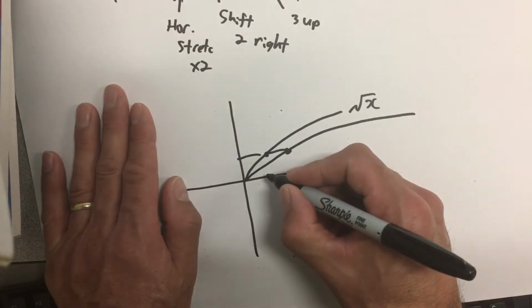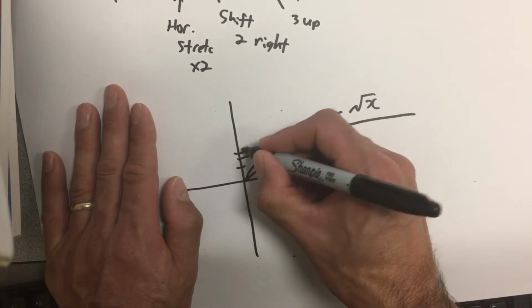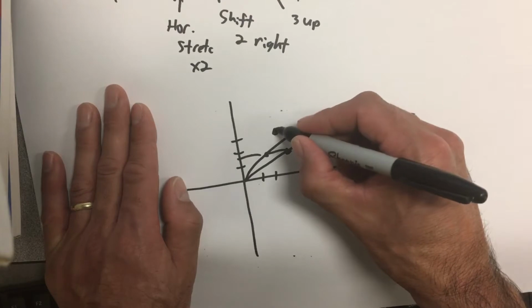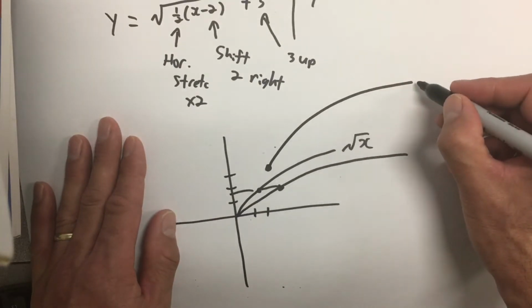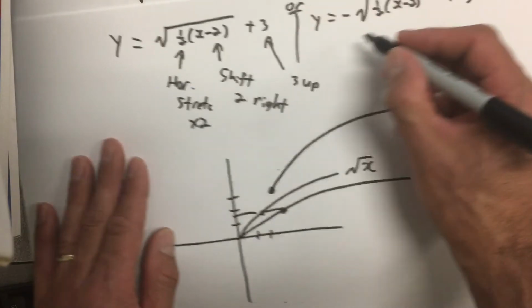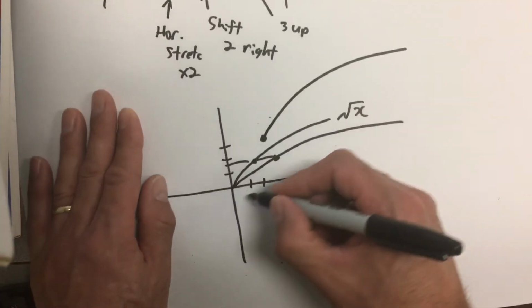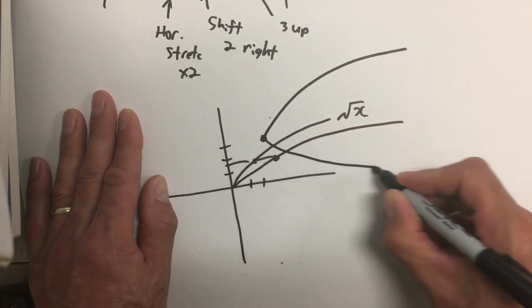We'll then shift it 2 units to the right and 3 units up, placing us here. So what I've drawn out here is this function, and this one's identical, except it is flipped across this axis before we shift it, so it's going to be down here.